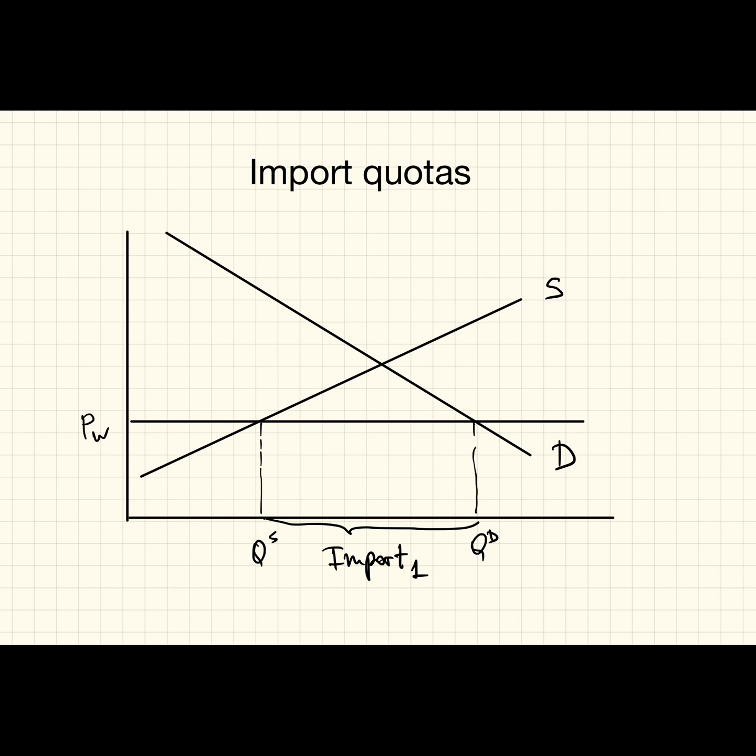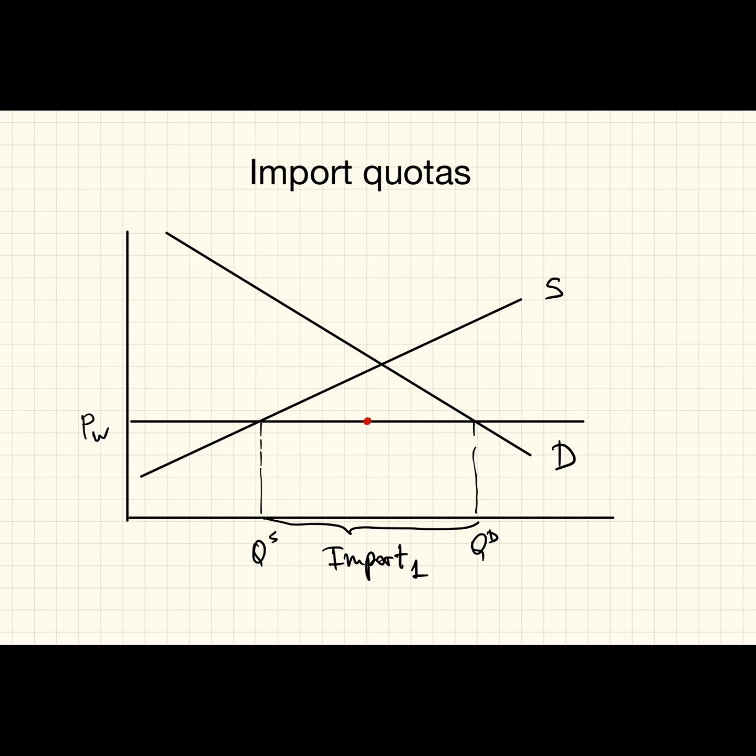So let's imagine that government decided to impose a quota which restricts import to 50% of what it used to be. So we'll just cut this distance in half, and that will give us the amount of quota, or basically the amount of import that is allowed to enter this market.